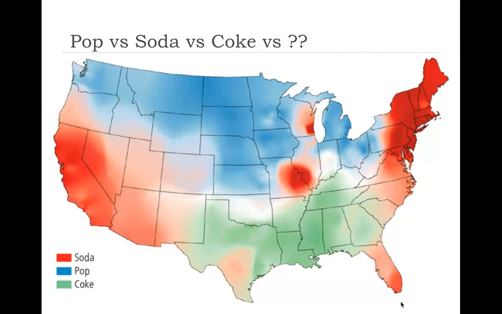But this is kind of the interesting one. If you're down in, say, Louisiana or parts of Texas, you might have to order a Coke. All right, so this is always kind of an interesting one. And the reason why I look at this as being kind of a fun one is because in our household, between Mrs. Starr and myself, we always have this pop versus soda, because she comes from the Milwaukee area, which if you look on the map there, eastern Wisconsin, they use the term soda.